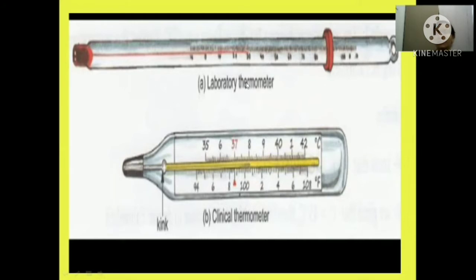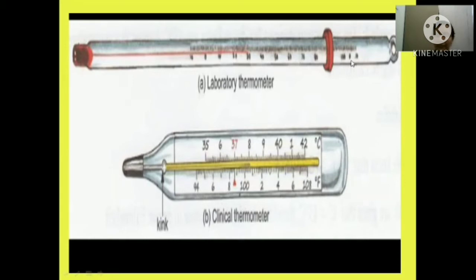Another difference between them: as you can see in the clinical thermometer, the Celsius scale starts from 35 to 42 degrees Celsius, and the Fahrenheit scale from 94 to 108 degrees Fahrenheit. While the laboratory thermometer can measure much more, from -10 to 110 degrees Celsius.